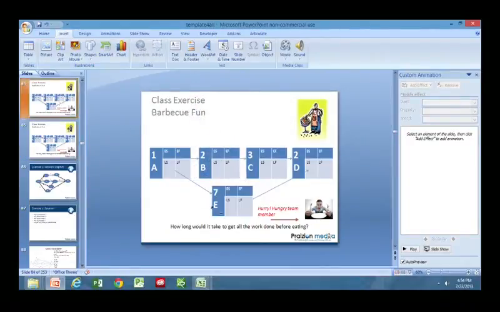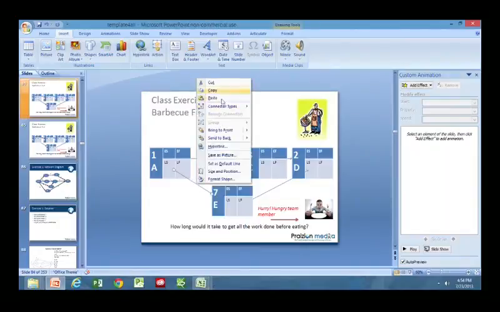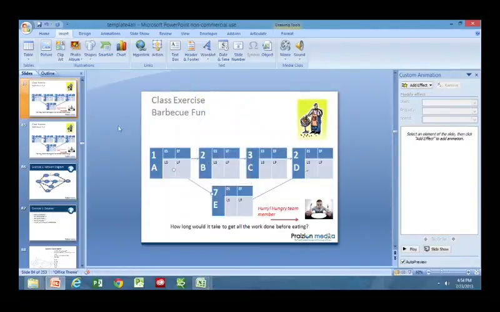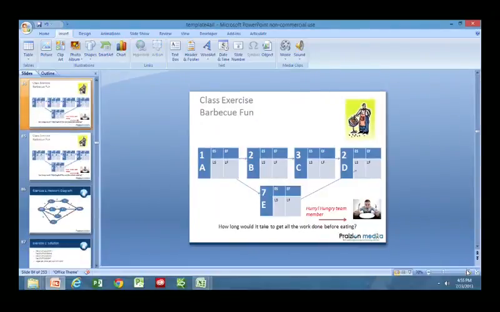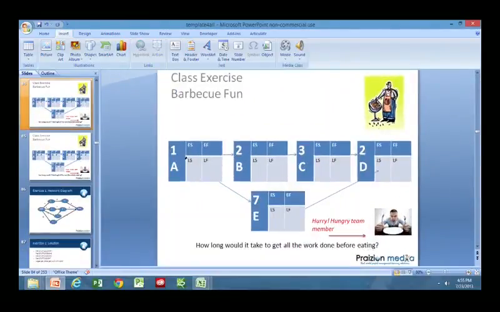So taking a look at this one for activity A, the question is, what do we do with these numbers? In order to find the critical path, we're going to use what we call the 0 method. So that means activity A, the start date is going to be 0.